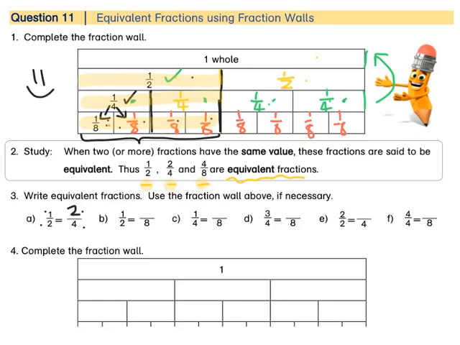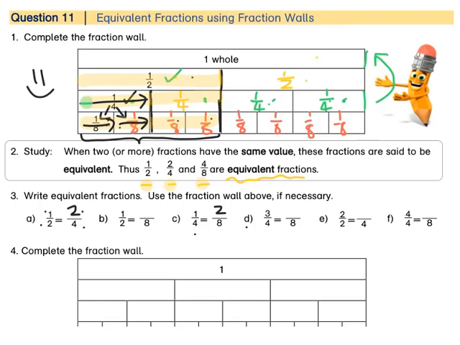Next, if we look at a quarter, now a quarter is equal to how many eighths? As we saw here, 1 quarter is equal to 2/8. So the missing number is 2. If we look at D, 3 quarters is equal to how many eighths?